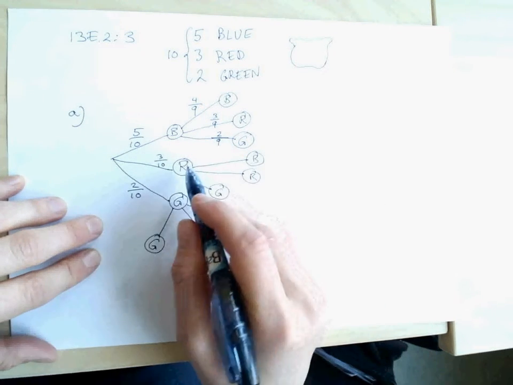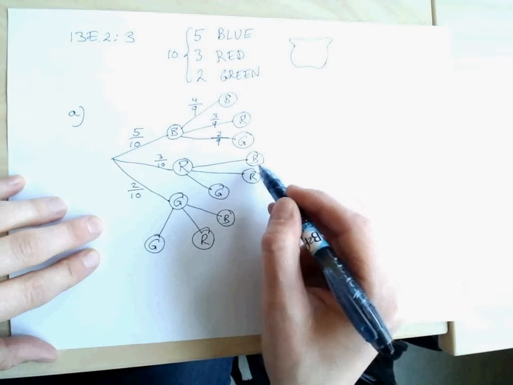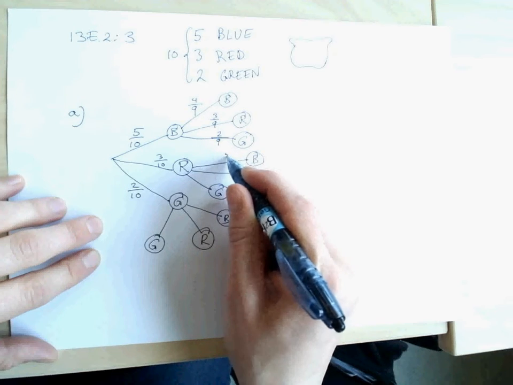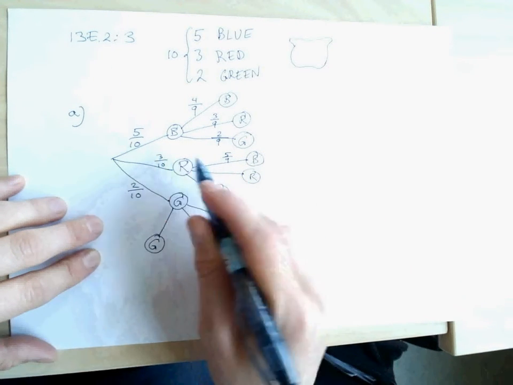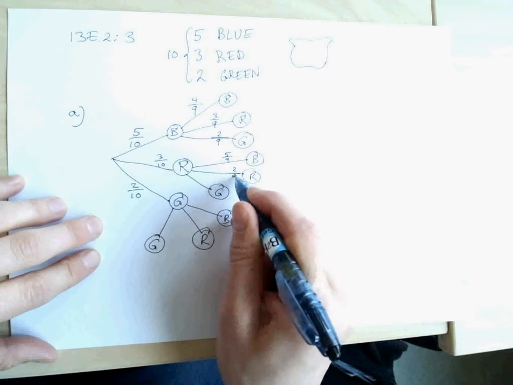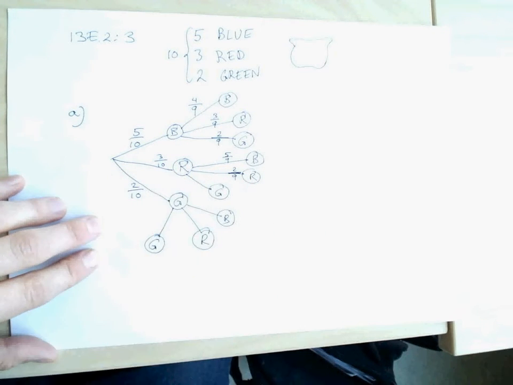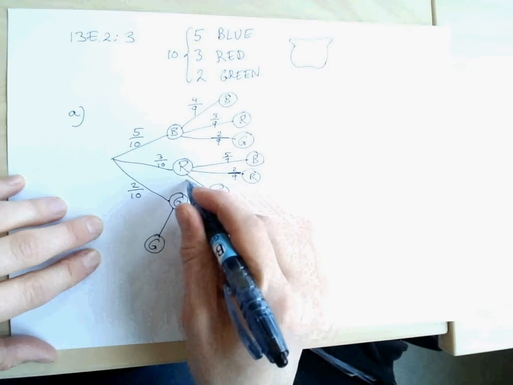And here, if you first have taken a red pen, the probability for a blue one is, we still have 5 blues, so 5/9. Getting a red one is only 2/9, because we have already taken one red, so there are only 2 left. And a green one would then be 2/9.